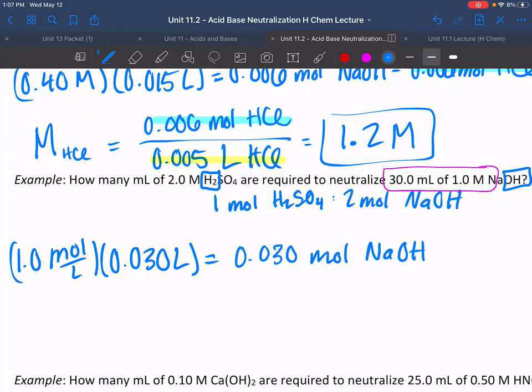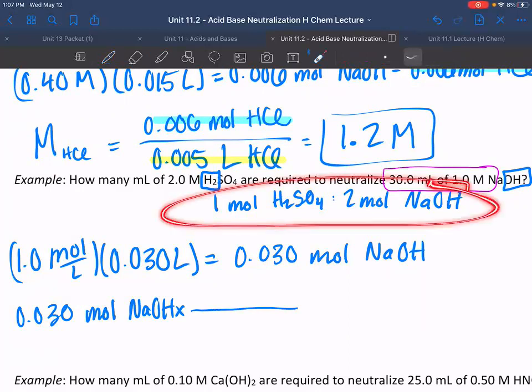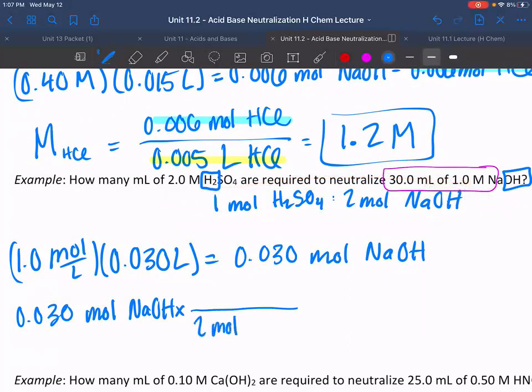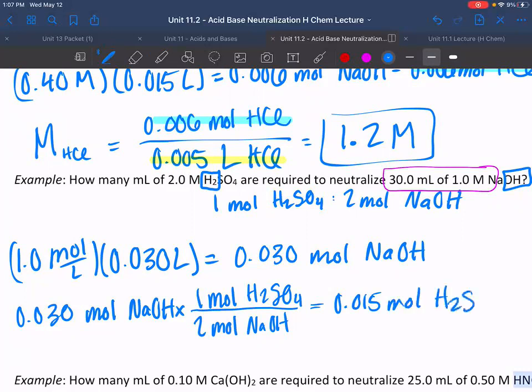According to our molar ratio, since it's not 1-to-1, we have to do a quick conversion. For every 2 moles of NaOH, it'll only take 1 mole of sulfuric acid. That means we only have 0.015 moles of H2SO4.